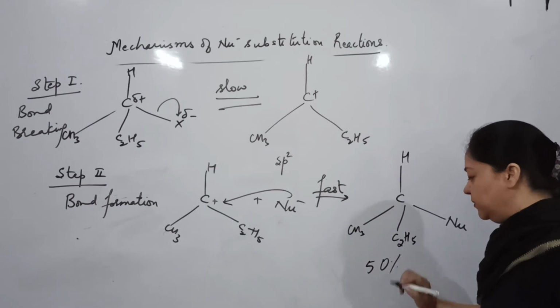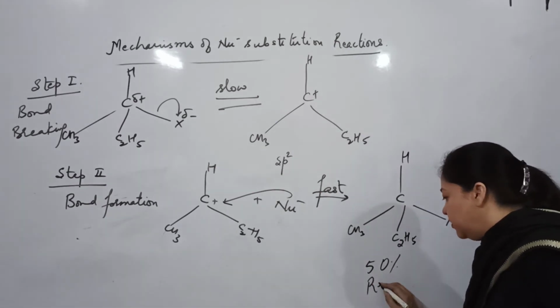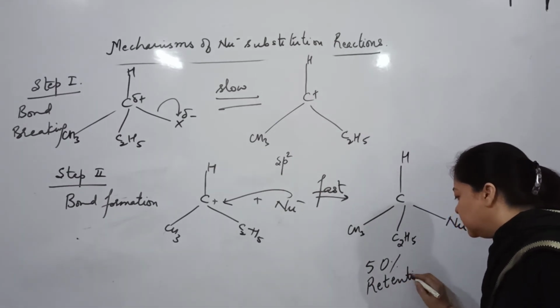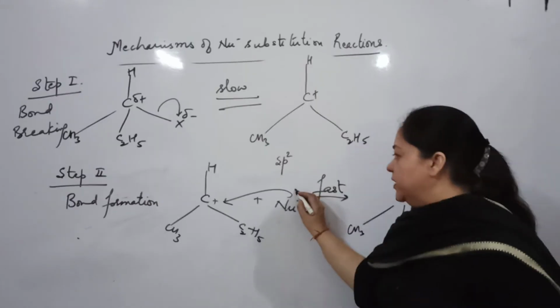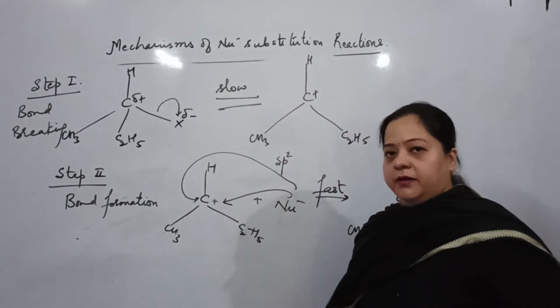50% product, and this is with the retention of configuration. And there is 50% probability for the rear attack.